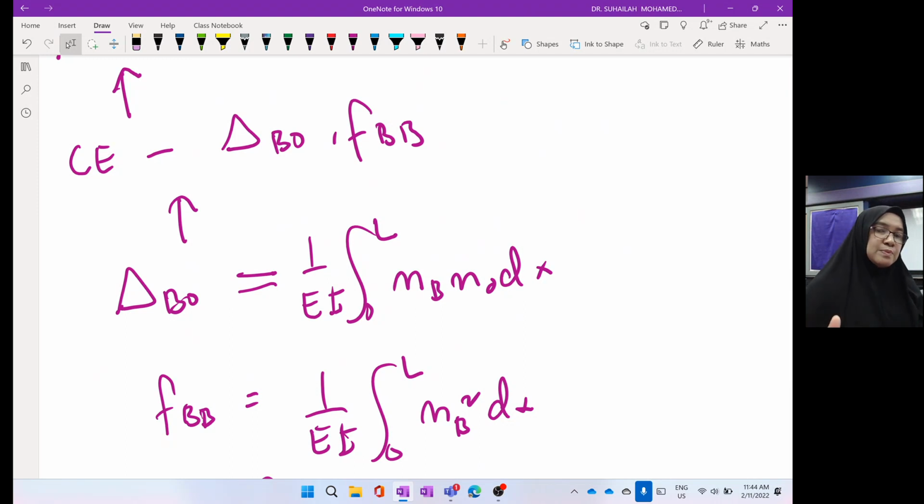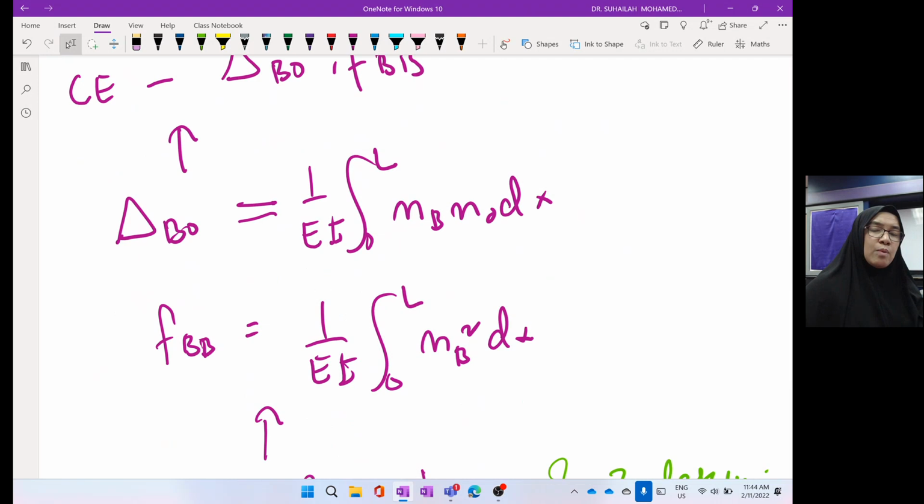Okay, that is the formula to calculate displacement in truss. Okay, these are the displacements. So this displacement formula we adopt from the unit load method, and of course we modify it in order to suit the flexibility method. Okay, so the notation we use in the delta B naught symbol and FBB symbol shows the system.